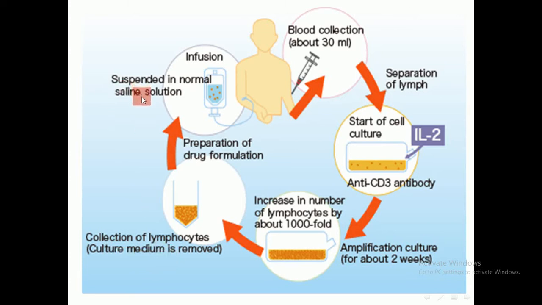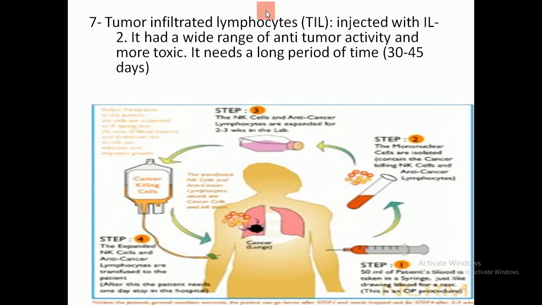Then we collect these lymphocytes and reinfuse them to the patient in association with interleukin 2. And here, when we culture the lymphocytes, we culture them with interleukin 2 to stimulate proliferation of these cells.